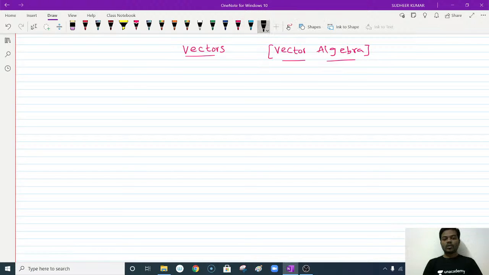So if you take this one, we'll say that it is a ray, or this is a line, or this is a line segment, right? This is a line segment, this is a line, and this is a ray.